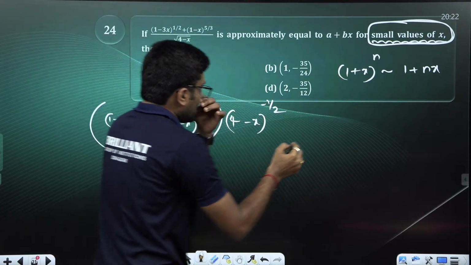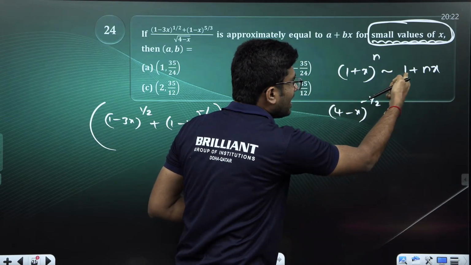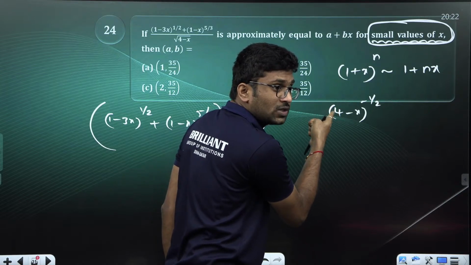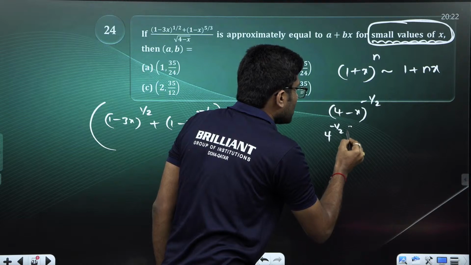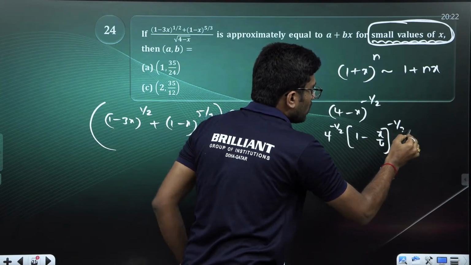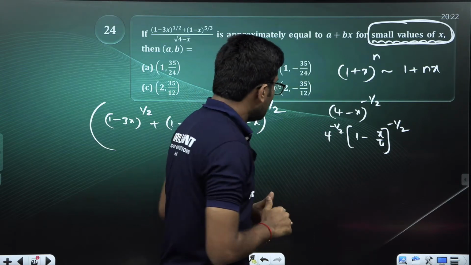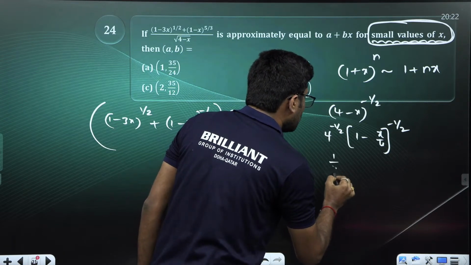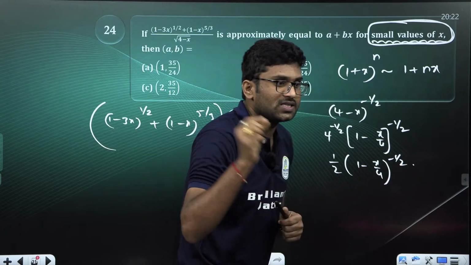Now this (4 - x)^(-1/2) you can't write directly as 1 + nx. Why? Because here it's not 1, it is 4. Take 4 out. So we can write it as 4^(-1/2) into (1 - x/4)^(-1/2). 4^(-1/2) is (2 square)^(-1/2), so we get 1/2 of (1 - x/4)^(-1/2).